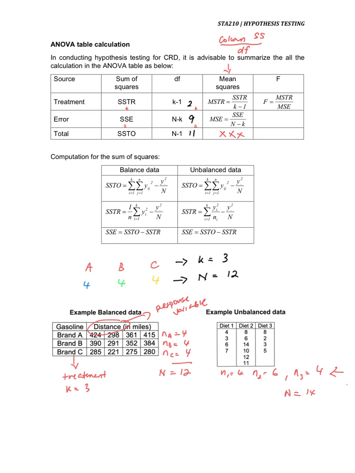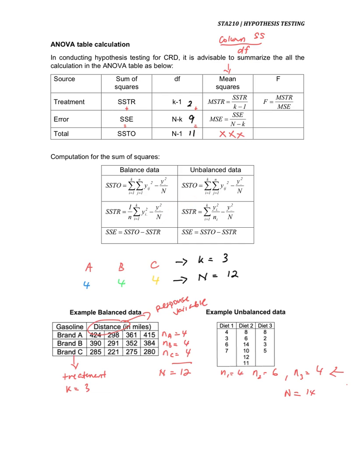For balanced data, if we are referring to this example, the formula is given by the summation of i from 1 up to K and j from 1 to n, yij squared, minus y squared over capital N. The same goes for unbalanced data; the formula is still the same.